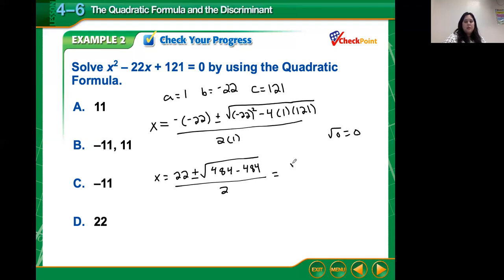So this is 22 plus or minus 0, which doesn't change anything. So this is just x equals 22 over 2, which simplifies to just 11. So our answer is A.